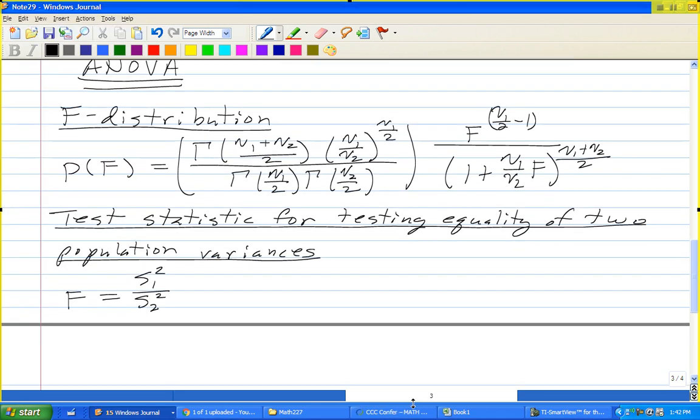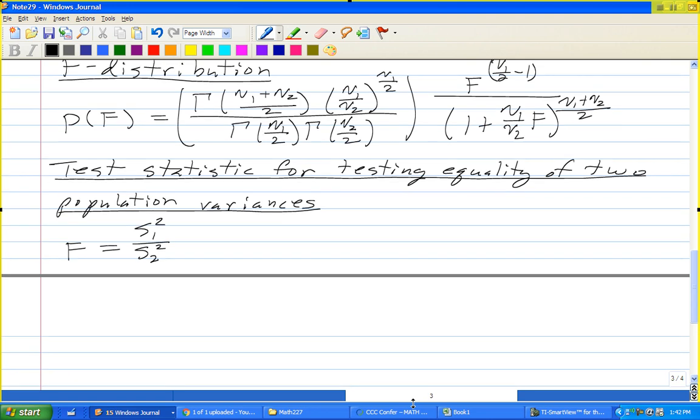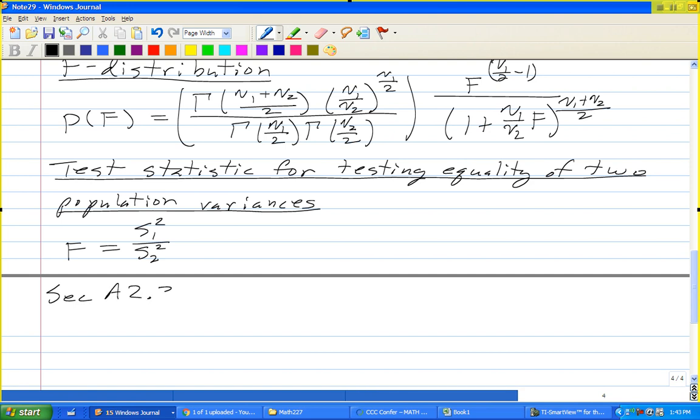Okay, so let me go on to section 3, one way analysis of variance.